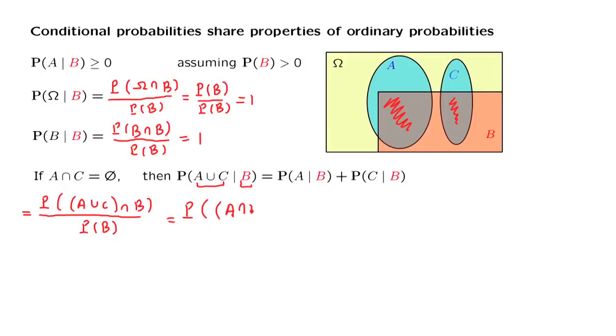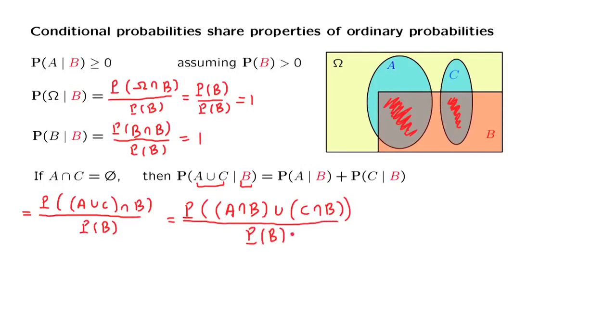One piece is A intersection B, this piece here, and another piece which is C intersection B. This is the second piece here. So here we basically used a set theoretic identity, and now we divide by the same numerator as before.